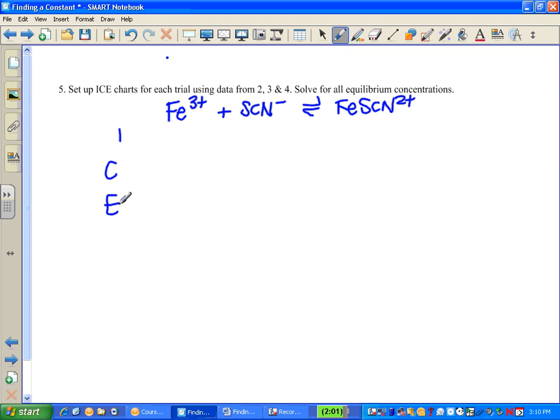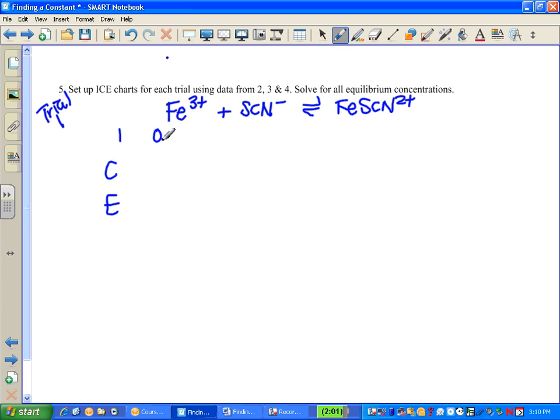In question 2, you were determining the concentrations of iron 3 plus in each of the test tubes. So we're going to set this ICE chart up for our trial 1. Remember that your numbers are going to be different in some cases.